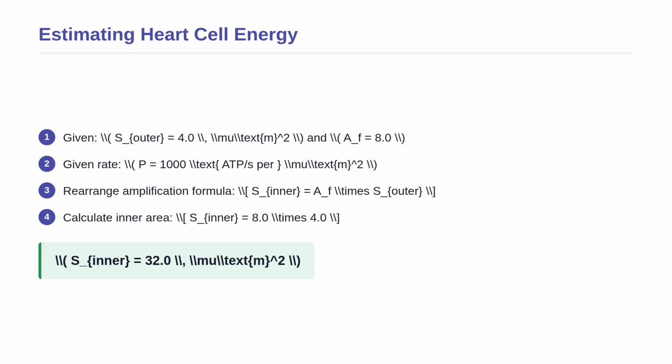First, we must find the inner surface area. We rearrange our amplification formula so that S inner equals AF times S outer. Multiplying 8.0 by 4.0 gives us a total inner membrane surface area of 32.0 square micrometers.